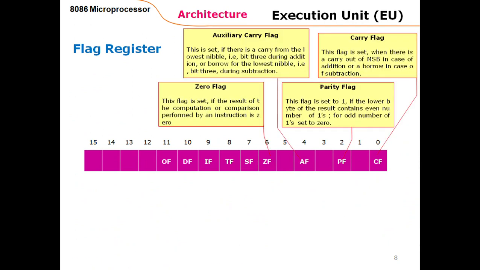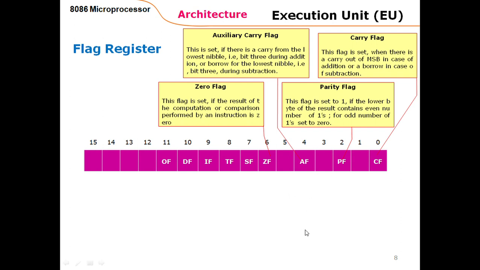Similarly, the zero flag, which is at bit position 6, is set if the result of the computation or comparison performed by an instruction is 0. When two values are added, and if the sum is all zeros, then the zero flag is set, by which we mean the zero flag is set to 1.